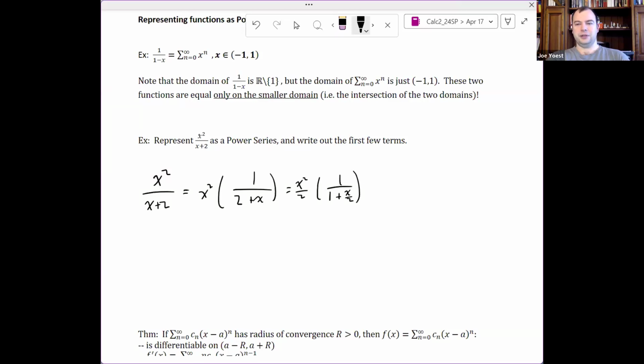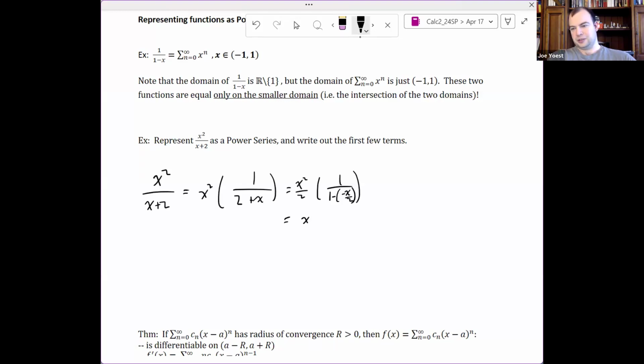And I'm getting pretty close now. I have 1 over 1 plus something. And if I just make this a 1 minus negative of that stuff, this is looking pretty good.